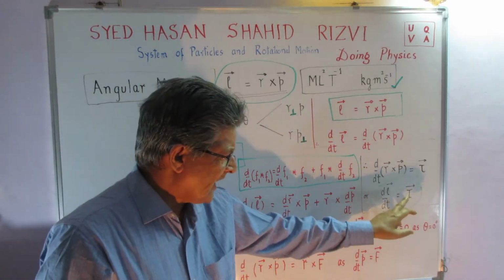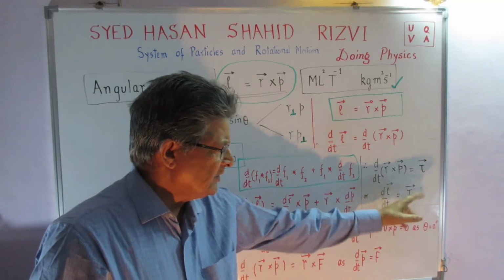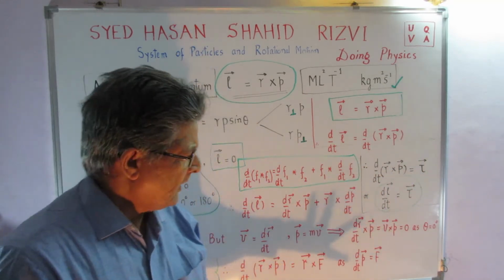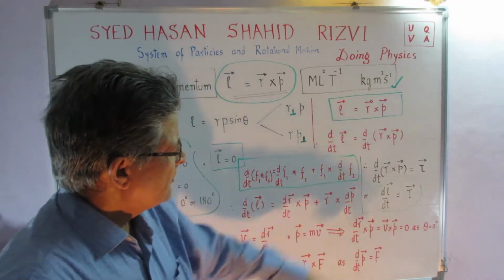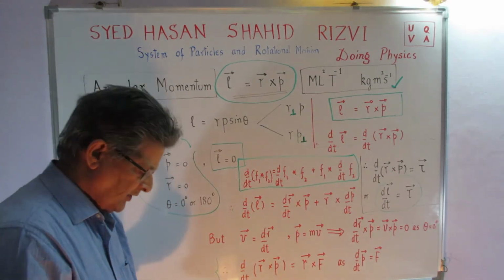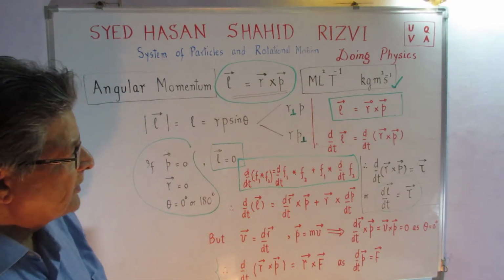And this result is akin to dp/dt is equal to F. Okay, so we have dL/dt, we have L is equal to r cross p, like we had.